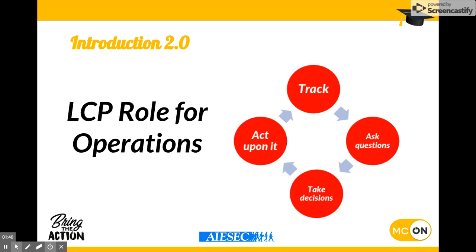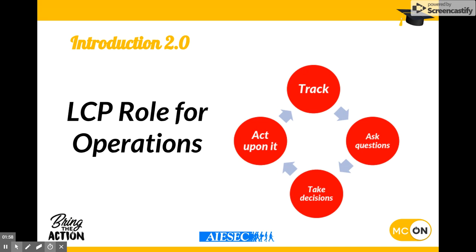So the first thing that you as LCP need to do with your LCP's operations is to track them, is to basically measure what are the results that they are having.